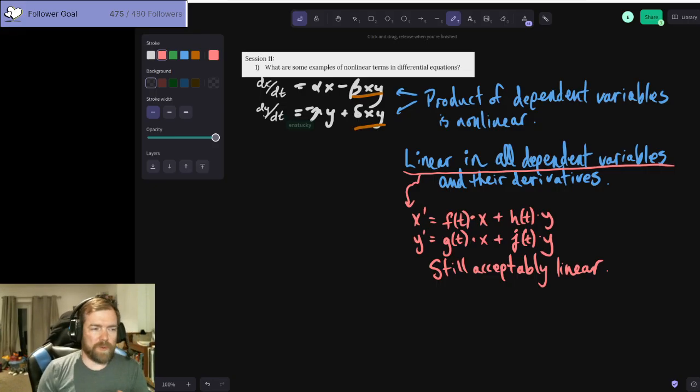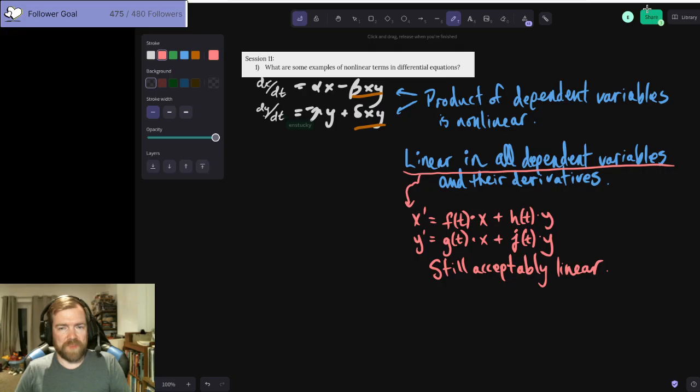And if you're saying, how is it linear if it's got an entire function that might be sine of t or t squared attached to these variables? We'd said earlier, and again on day one, it's linear in all dependent variables. It says nothing about the independent variables. So the independent variables can have these really convoluted functions of those independent variables.